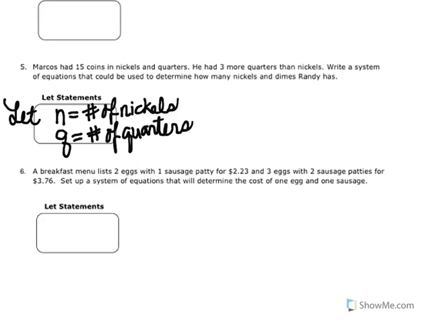So if he has 15 coins and he has 3 more quarters than nickels, there's 2 things that we need to deal with here. First, we need to deal with the total number of coins. And then we need to deal with the relationship between the quarters and nickels.